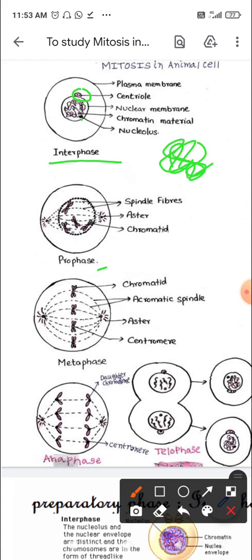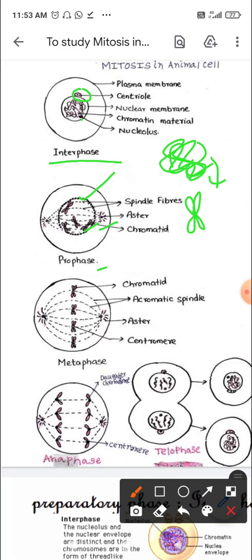Then the prophase stage. Prophase is marked by the disintegration of the nuclear membrane and loss of the nucleolus. You can see how the chromosomes become condensed from thread-like fibers to becoming a little visible. There's a difference in the shape. Then you can see the formation of the aster.